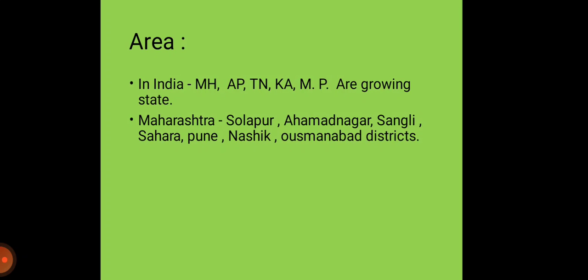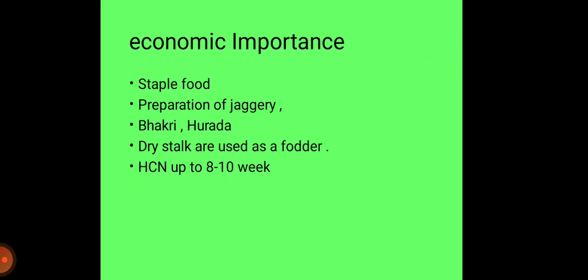In India, the important growing states are Maharashtra, Andhra Pradesh, Tamil Nadu, Karnataka, and Madhya Pradesh. In Maharashtra, the important districts for the production of sorghum are Solapur, Ahmednagar, Sangli, Satara, Pune, Nashik, and Osmanabad.